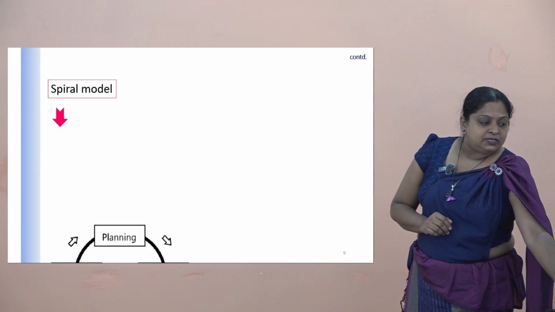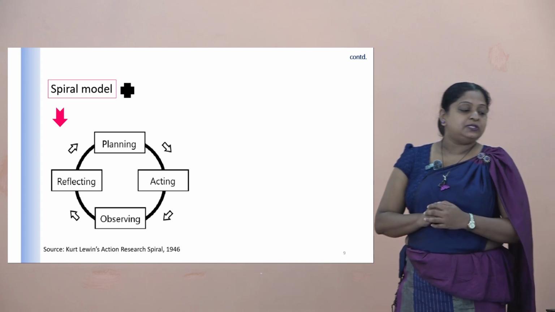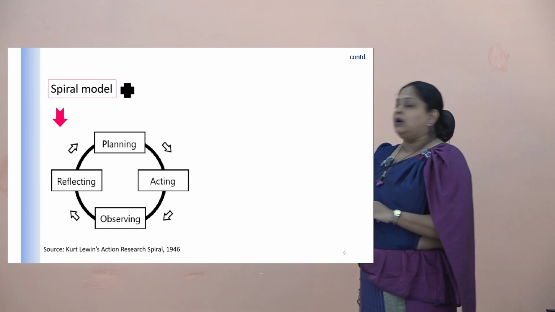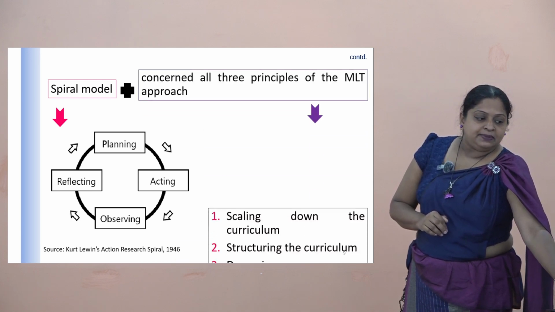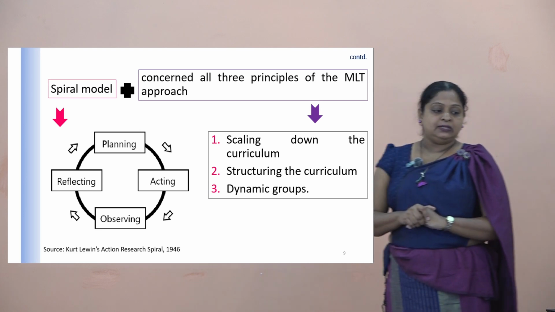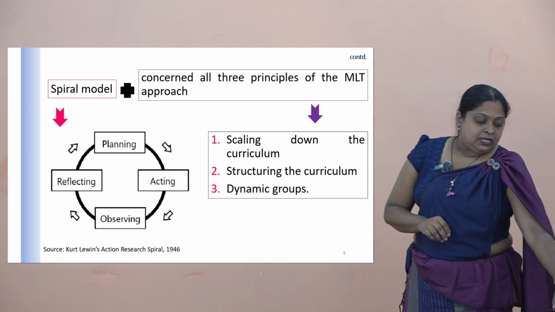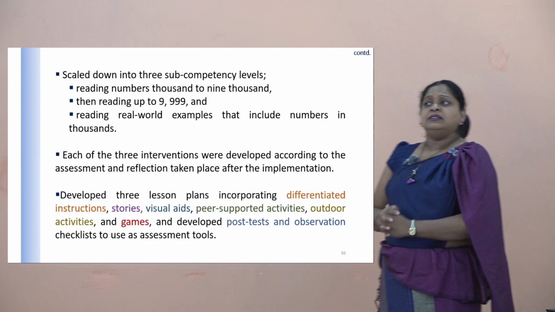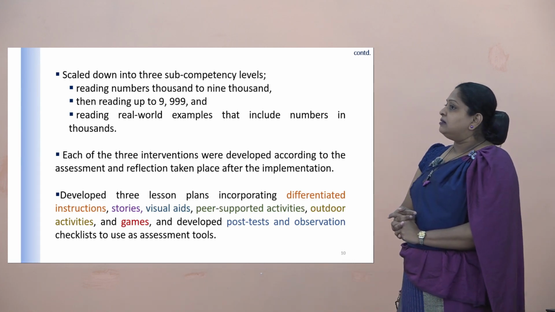So I basically followed the spiral model invented by Kurt Lewin, which includes 4 steps: planning, acting, observing and reflecting. I followed all 3 principles in the MLT learning approach, that is scaling down the curriculum, structuring the curriculum and considering the dynamic groups. Depending on this, I subdivided the selected competency into 3 sub levels.